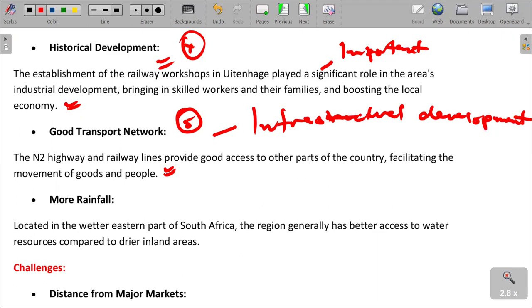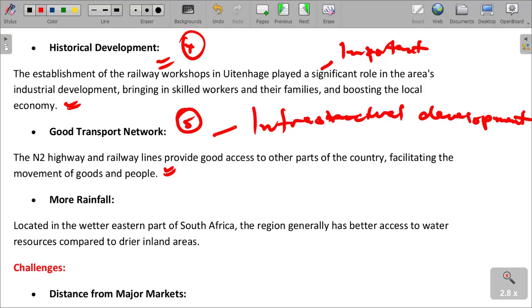So now, when we look at that, class, what we need to understand is that transport in this region is linked to the rest of the markets in South Africa by the railway lines and the roads, as well as the airport and harbor.